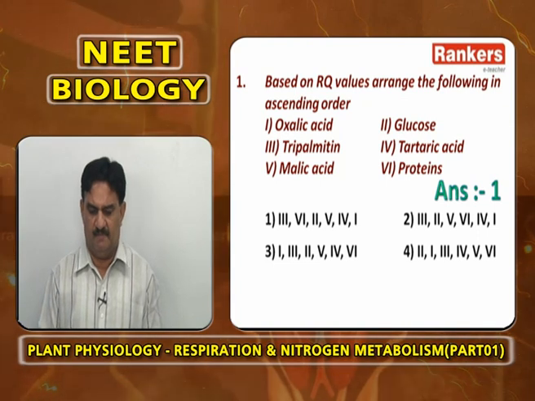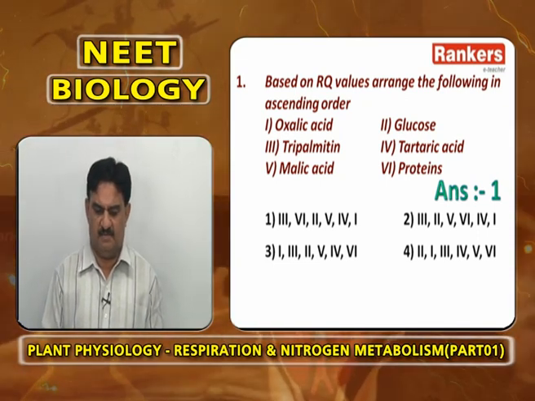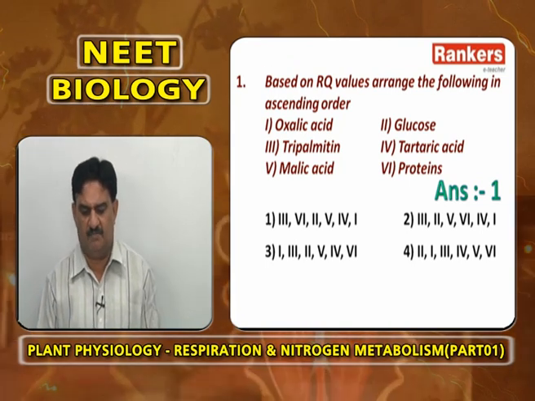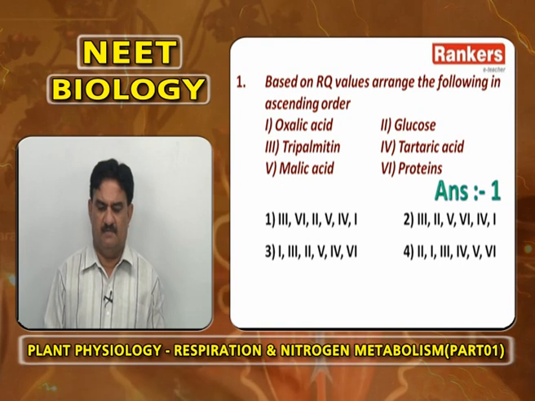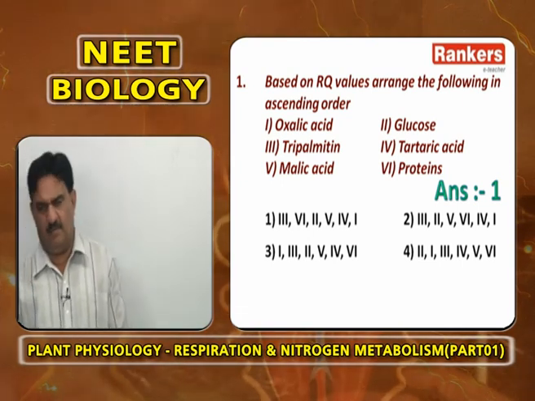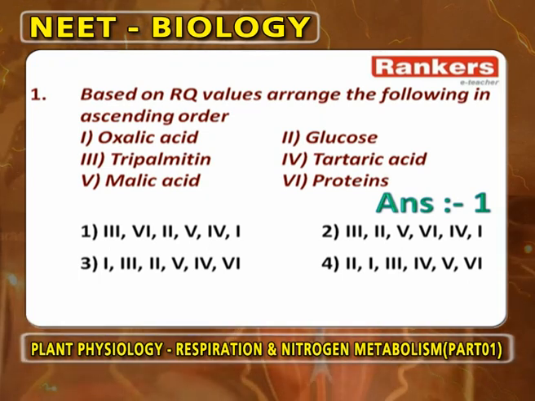So the answer will be tripalmitin first, then proteins, then glucose, then malic acid 1.33, then tartaric acid 1.4 or something like that, and oxalic acid is 6. So last is oxalic acid.